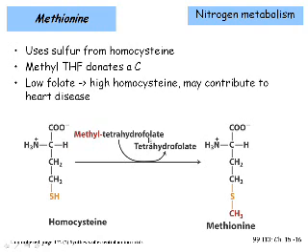When an individual has low levels of folate, this reaction, transferring the methyl to make a methionine out of the homocysteine, can lead to homocysteine accumulating in the blood. And there are individuals who have a genetic form of homocystinemia, meaning high levels of homocysteine in the blood, and those individuals are at much higher risk for heart disease.